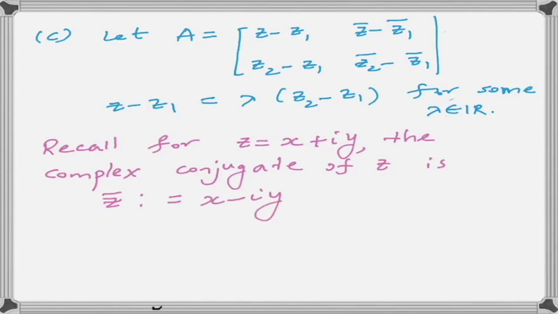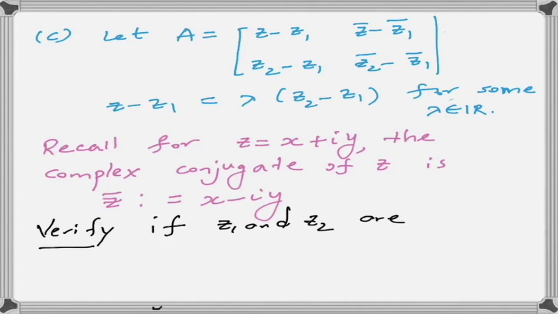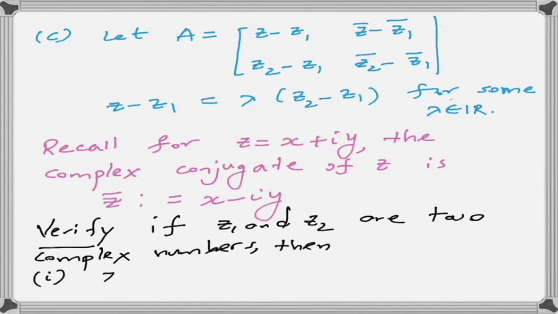It is not difficult to verify that if z1 and z2 are two complex numbers, then the complex conjugate of z1 plus z2 is the same as the complex conjugate of z1 plus the complex conjugate of z2.